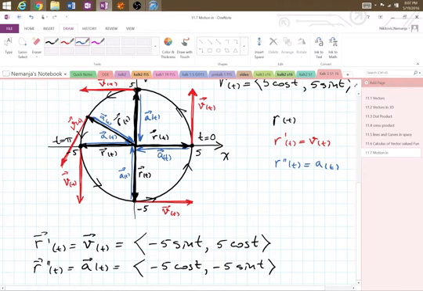Good. Can you please, guys, calculate the speed? Yes. Sorry? Actually, no, we're going to make this power. Oh, yeah.